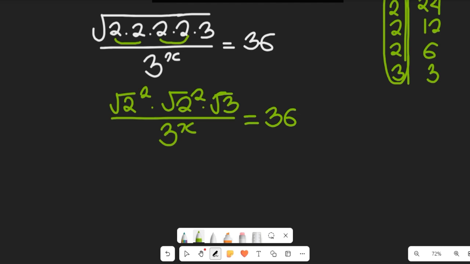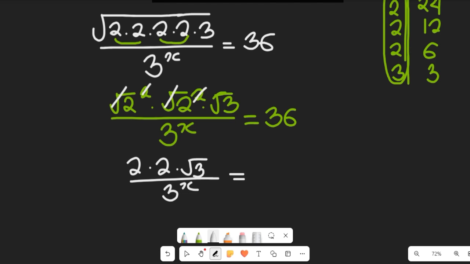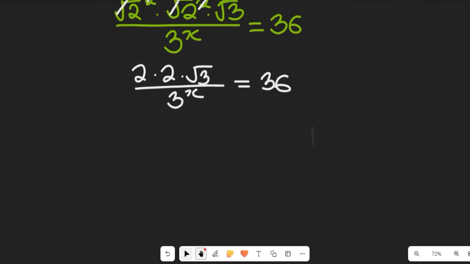Now we'll be simplifying this expression. From that expression, you can see that the square can clear the square root, and the square can clear the square root, and then we'll be left with 2 multiplied by 2 multiplied by the square root of 3 divided by 3 to the power of x, and this will be equal to 36.